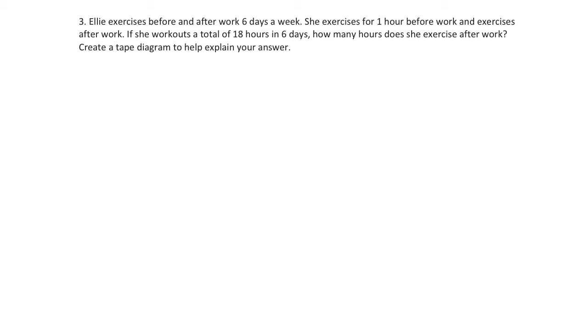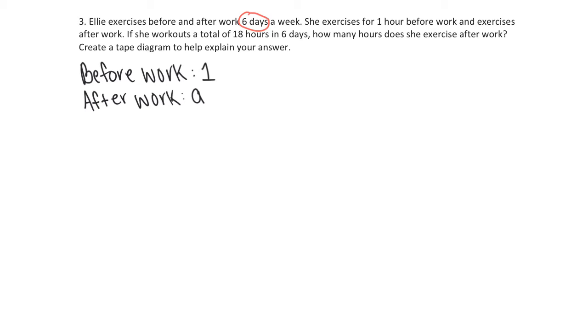We know that before work, she exercises for 1 hour, and then after work, we don't know how long she exercises for. So we're going to use the variable A for after work. Now let's create our tape diagram. Because she works out 6 days a week, we're going to create 6 boxes.